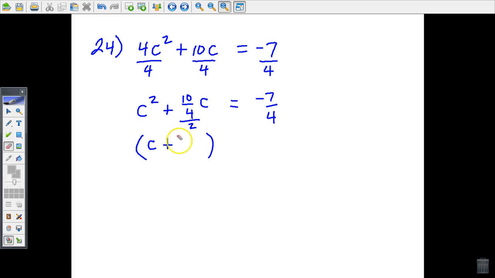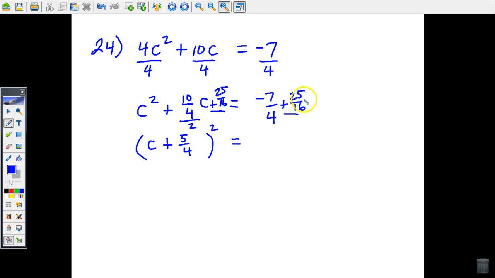Okay. So hopefully you caught that. Remember, when you divide these fractions by 2, it's really just like multiplying the denominator by 2. So 10 eighths simplifies as 5 fourths. Right, and the number then that we're going to be adding to both sides of the equation to complete the square is 5 fourths squared, which is 25 sixteenths.